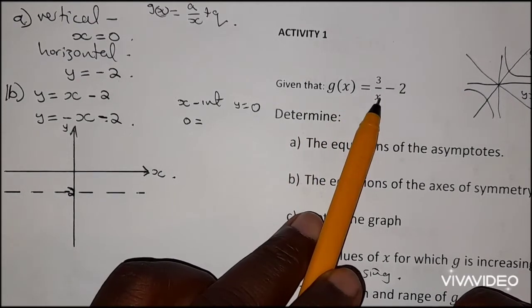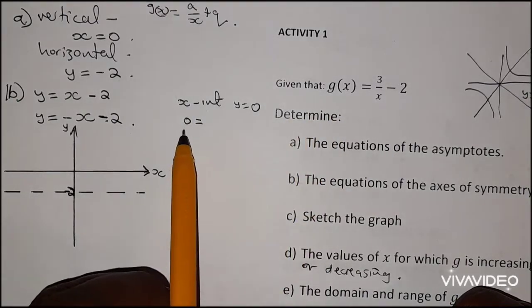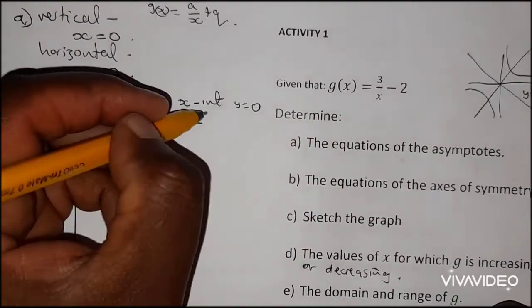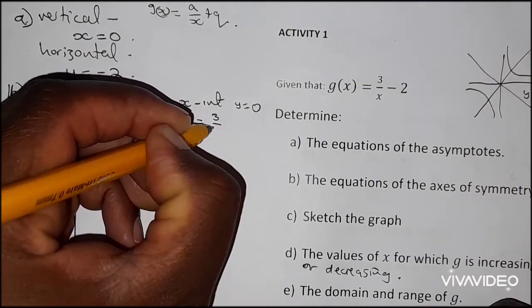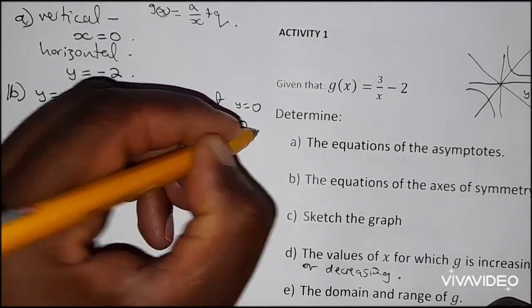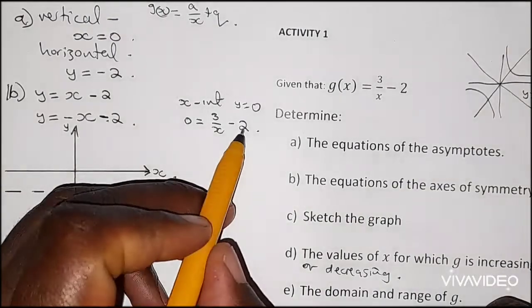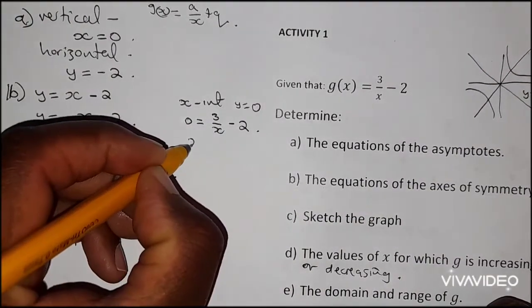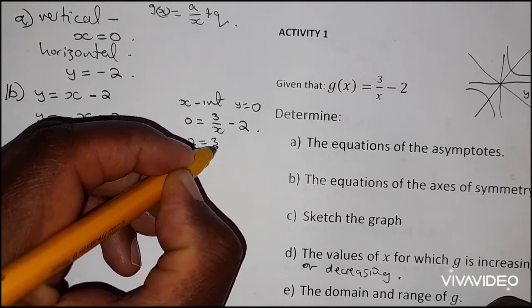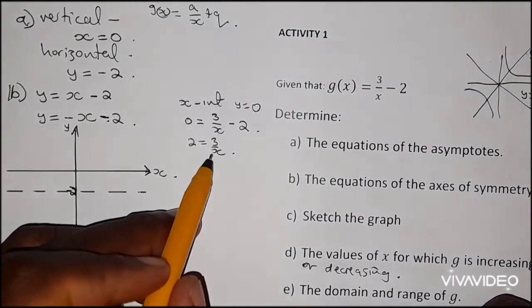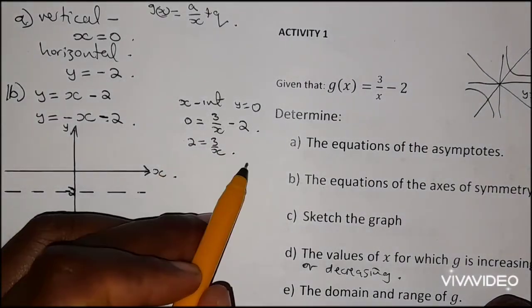So for our function, we are going to put 0 in place of y, and it's equal to 3 over x minus 2. We need the value of x here. So our 2 goes to the other side, 2 is equal to 3 over x. The x goes to the left, 2 goes to the right.